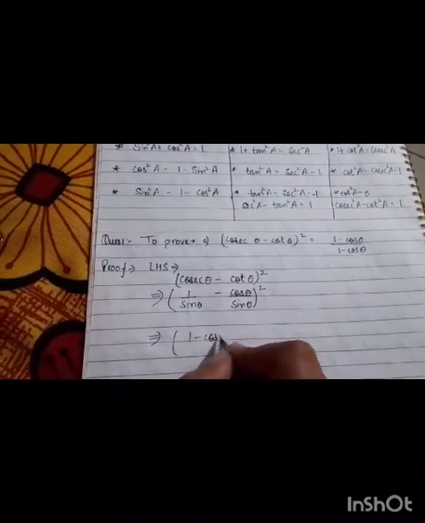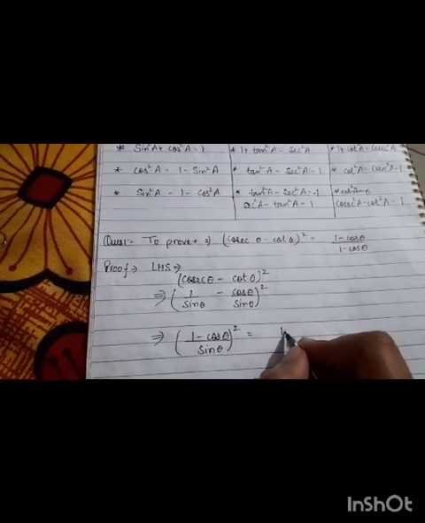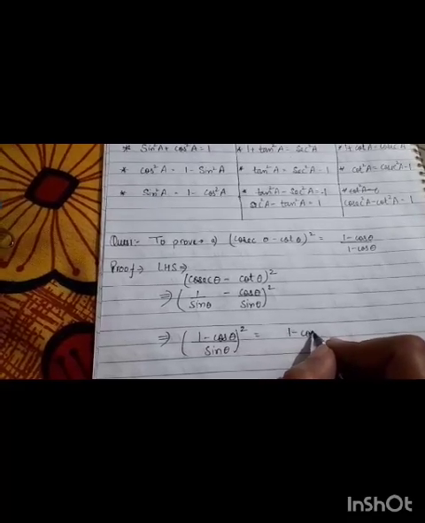Now taking the LCM, we get (1 minus cos theta) upon sine theta, its whole square. Now rearranging it into (1 minus cos theta) upon sine theta into (1 minus cos theta) upon sine theta, because it is the whole square of this.